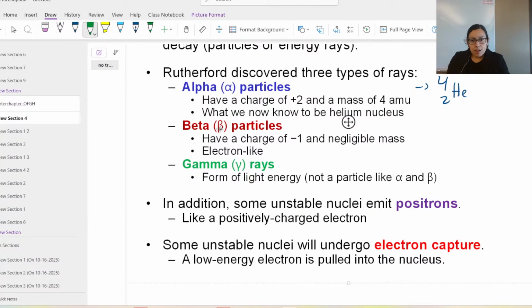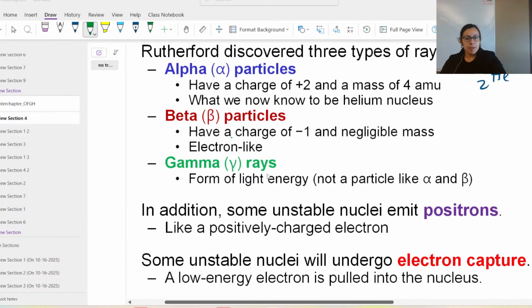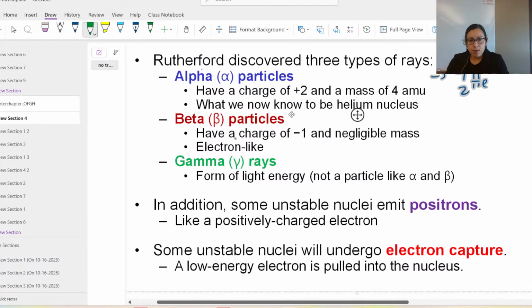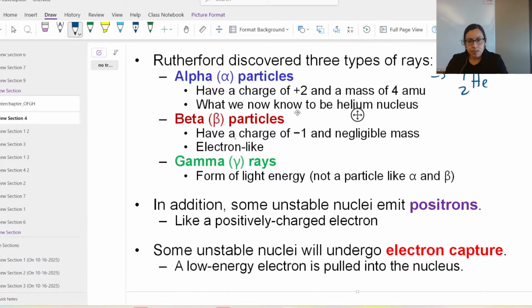And then we'll look at beta decay. Beta decay as defined here is only referring to what I call negative beta decay. We'll go over both.